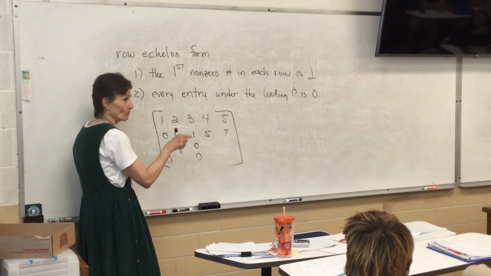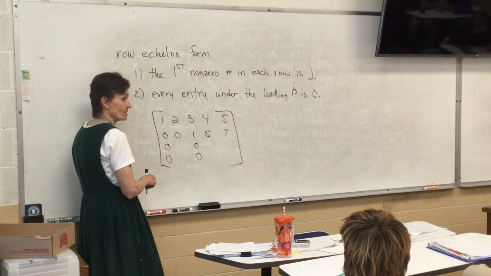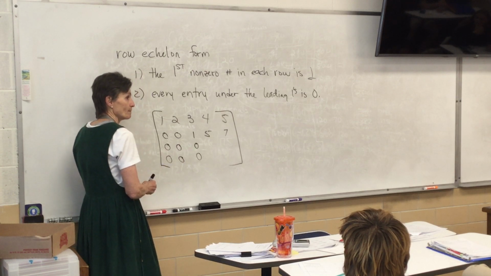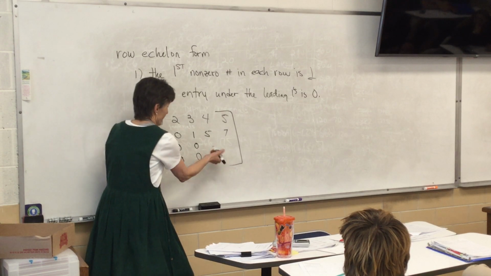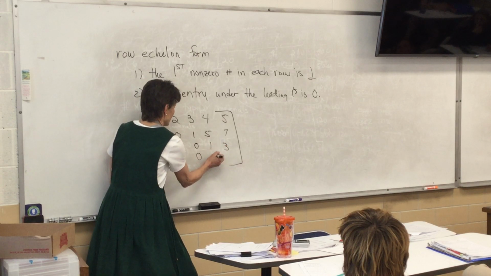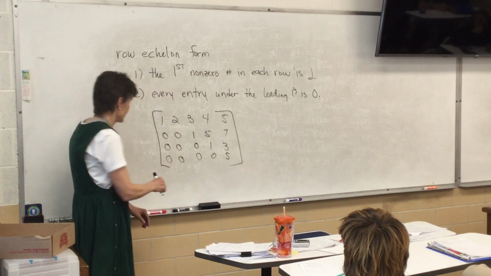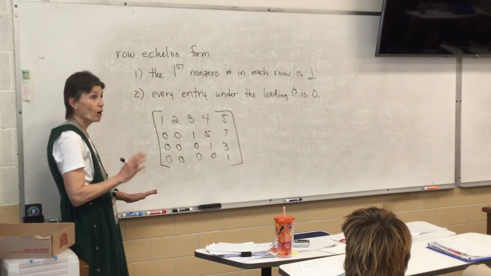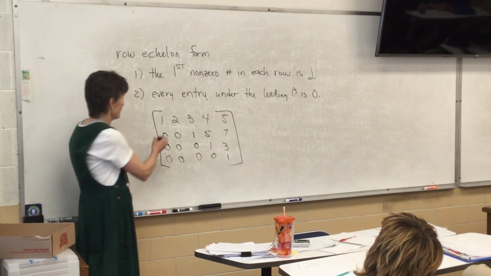And the first number in every row that isn't a 0 has to be a 1. So these will also be zeros. And then maybe you have a 1 and a 3 and a 0 and a 5, or a 0 and a 1, I'm sorry. That matrix is in row echelon form.